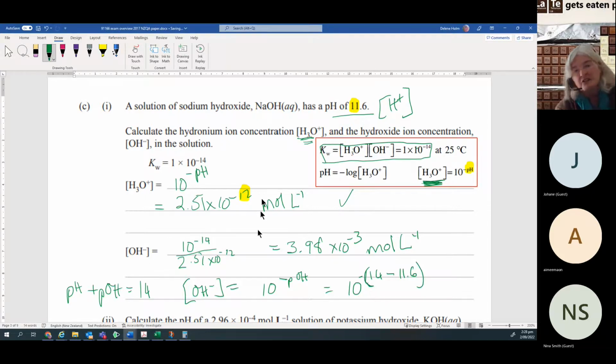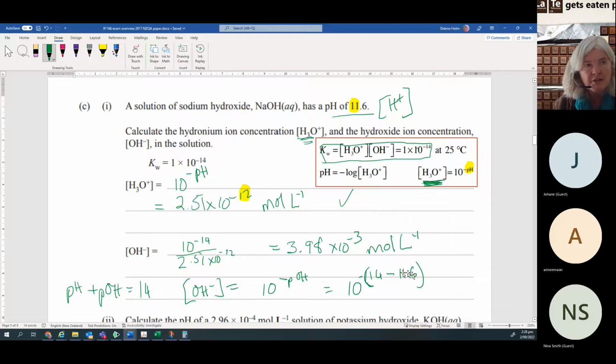And then that would have spat out an answer like that. So if you prefer to not keep things in your calculator and start from scratch, you just say 14 subtract 11.6, do the negative antilog, and you'll get the answer of 3.98.